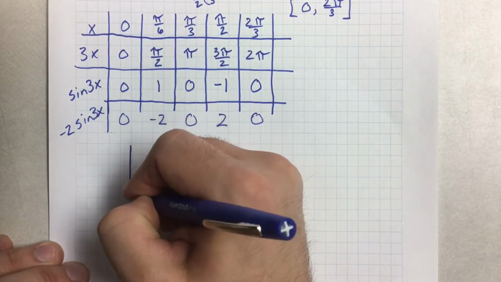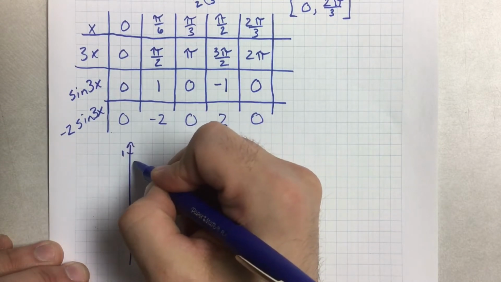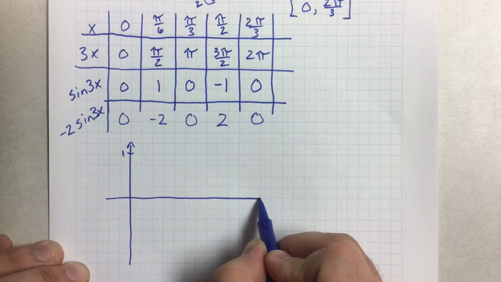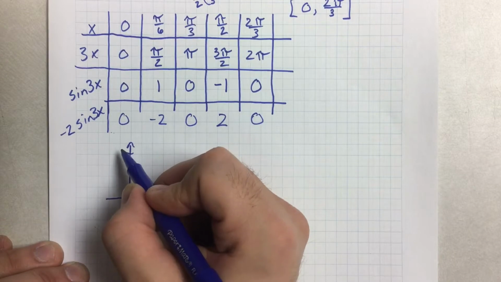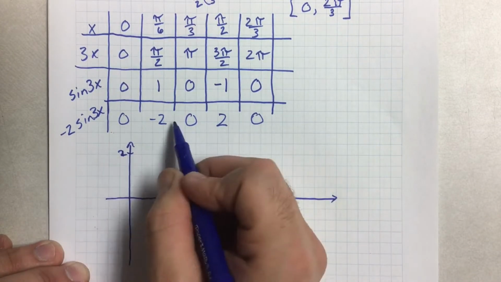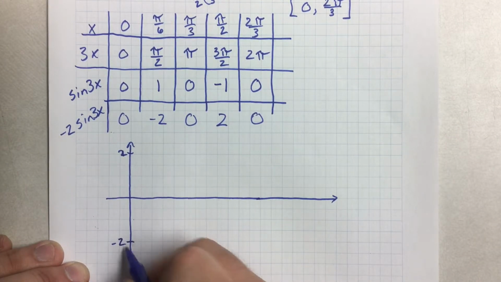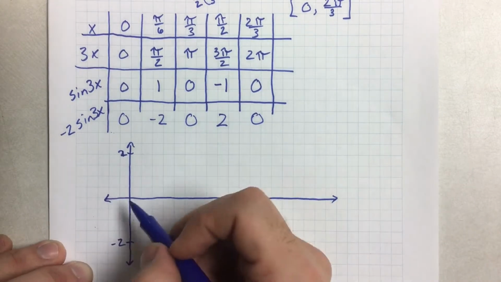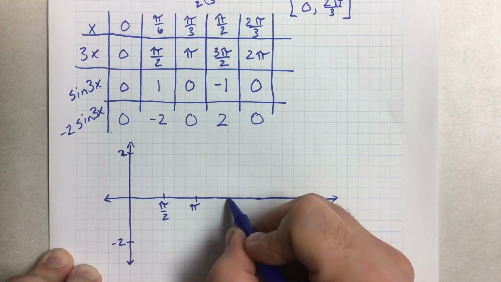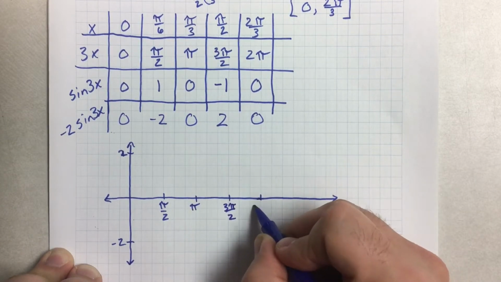And let's see, here's 1. Well, let's make this 2 for the sake of space. Plus, we kind of need to make it 2. So, pi over 2, pi, 3 pi over 2, 2 pi.